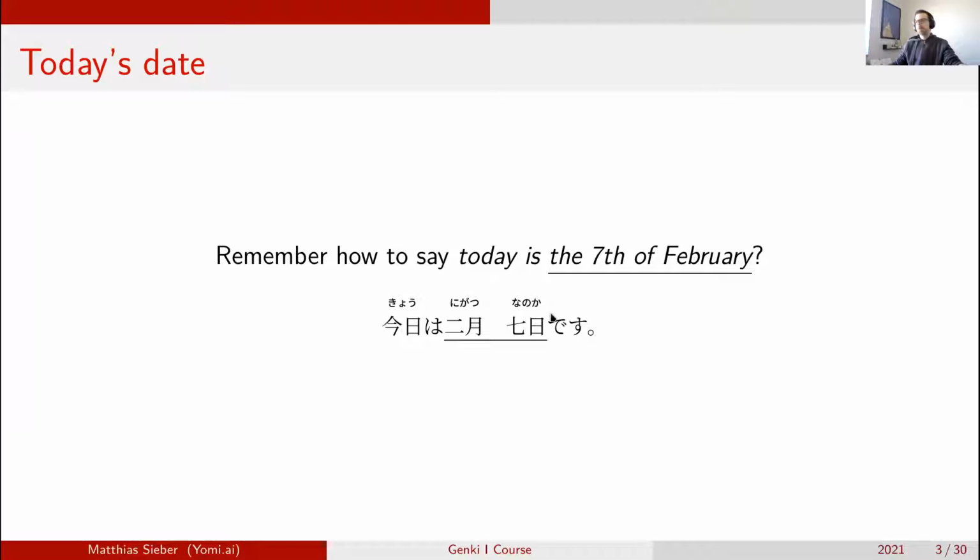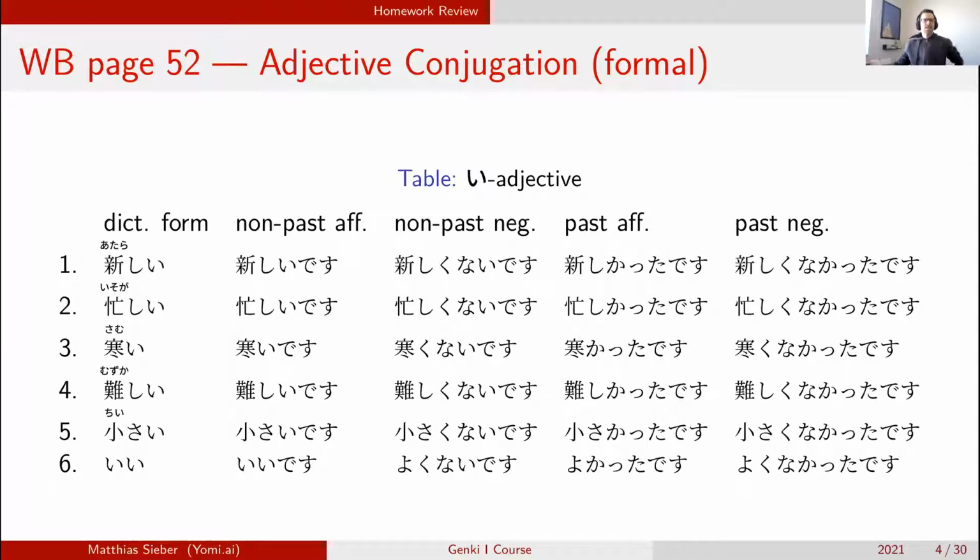And then the 7th is not shichinichi, even though it's understood, but nanoka, right? So that's one of the irregular readings. So 今日は2月7日です。Next week should be a little easier. Oh, actually, never mind. I take that back. You might have to look it up. Okay.